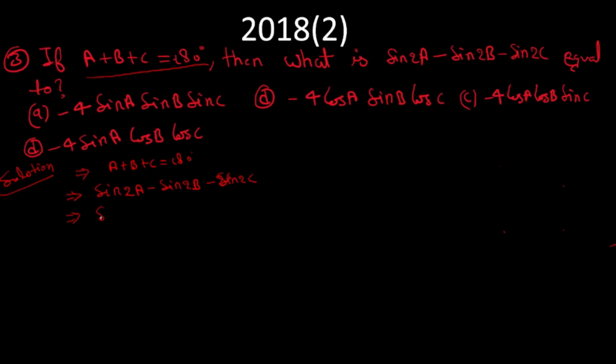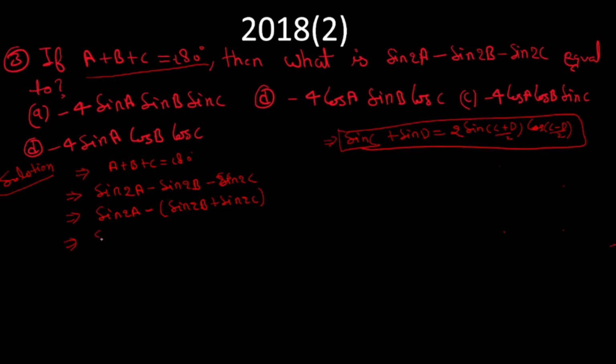We take sine 2a common, and take minus common, so here we get sine 2b plus sine 2c. Now we will apply the formula sine c plus sine d equals 2 sine of (c plus d) by 2 and cos of (c minus d) by 2. Yeah, we use this formula here.